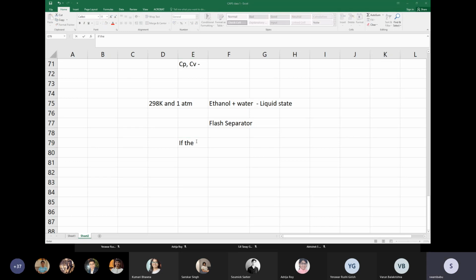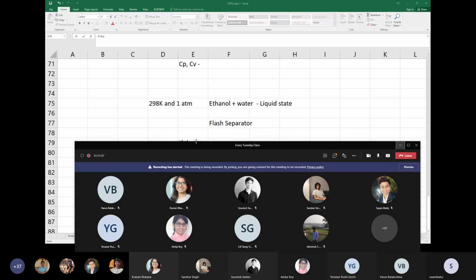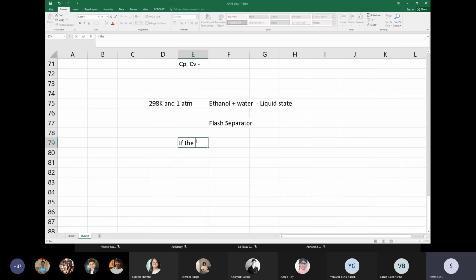what is saturation temperature? What is saturation temperature for a liquid? Let's say we have a single liquid or liquid mixture. What do we call saturation temperature? Tsat or Psat. Tsat we call the boiling point temperature for a single component.